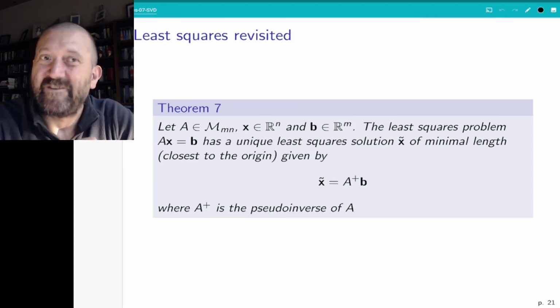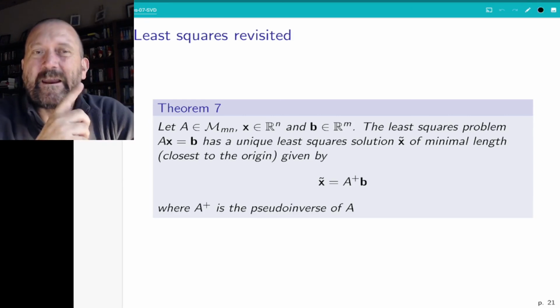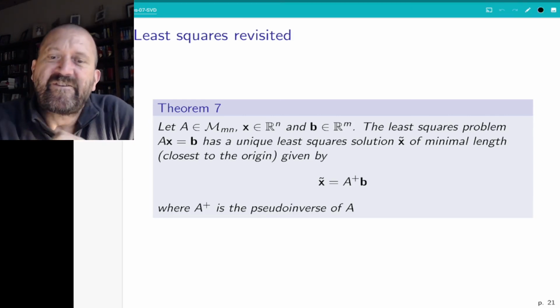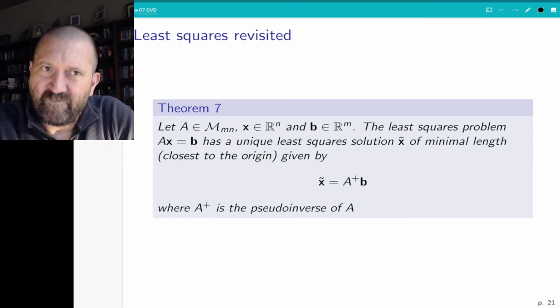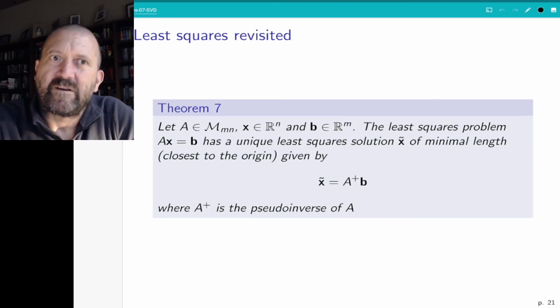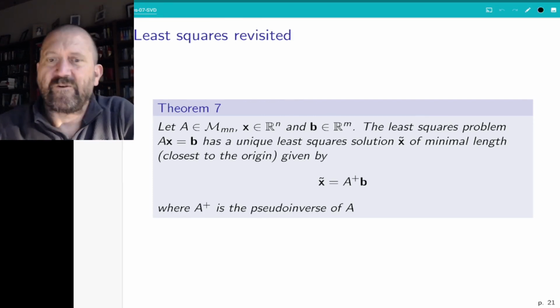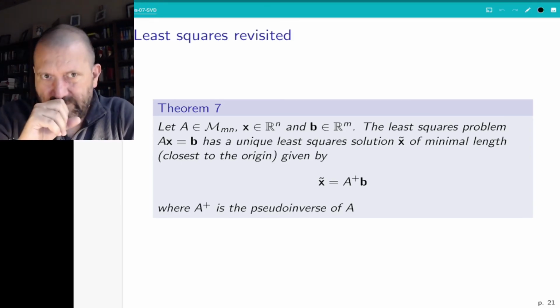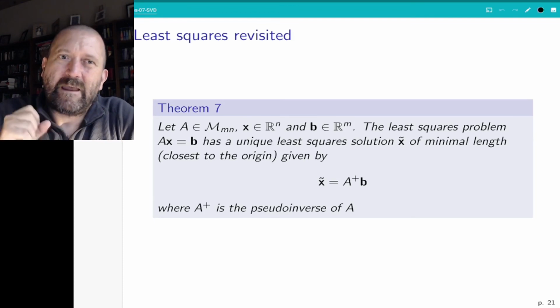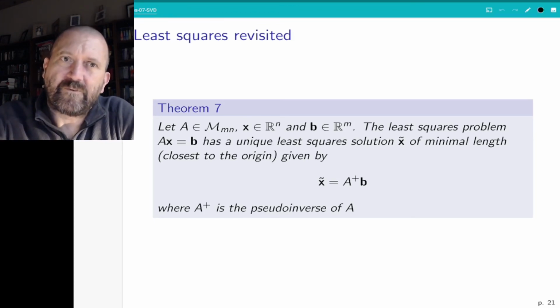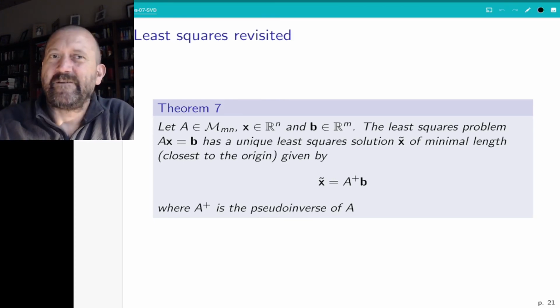It has a unique least squares solution X tilde of minimal length, so that's closest to the origin. I'll explain more in detail when we go into the example. And that solution is given by X tilde equals A plus B, where A plus is what we call the pseudo inverse of A. I'm going to explain in a second, and you'll see how this ties in with the SVD.